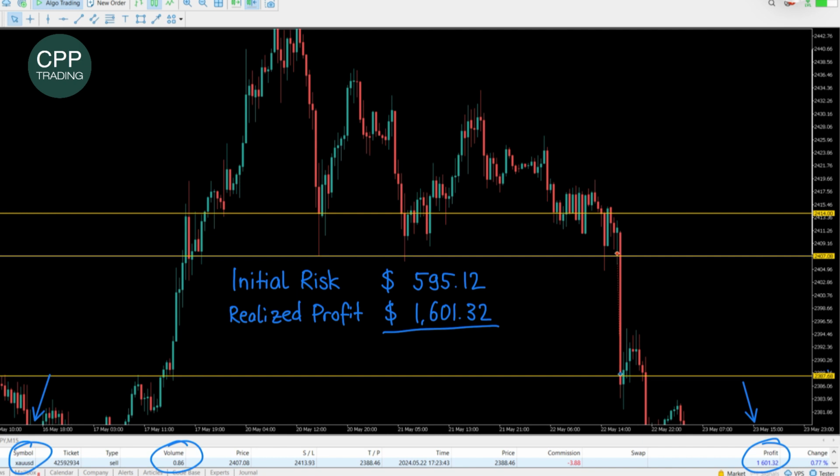We took the sell here at 2407.08. Price approached our target level and trade was closed. Our initial stop was placed at 2414, where we had a risk reward ratio of 2.6. So exactly it was 2.66, but an overall risk reward ratio of 2.6, which is very good.